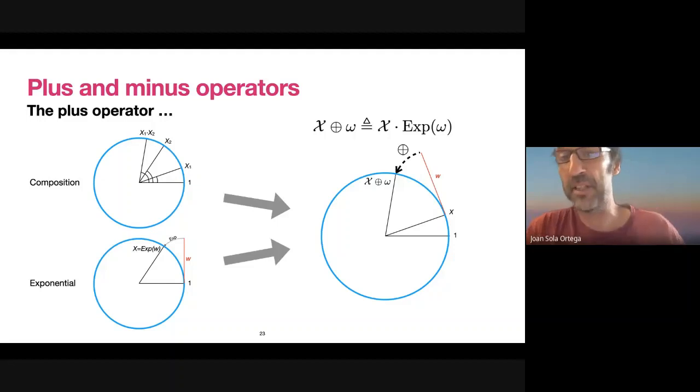And just by definition, there is no invention here, no discovery, or any new concept. It's just a definition. We will express this composition with the plus operator, and we will put a circle around the plus, so that it's not mistaken for the regular sum between vectors. Okay, but now that's important.